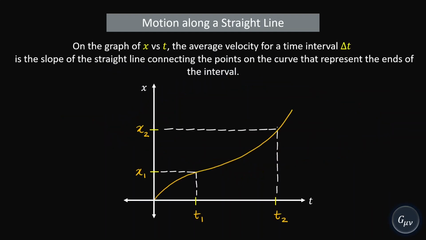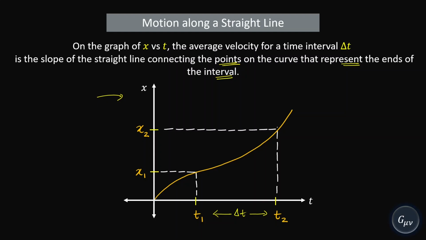Another important point regarding the average velocity is that on the graph of x versus t, the average velocity for a time interval delta t is the slope of the straight line connecting the points on the curve that represent the ends of the interval. So as you can see in this graph, the time interval delta t is from here to here.